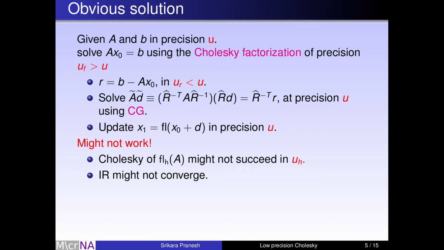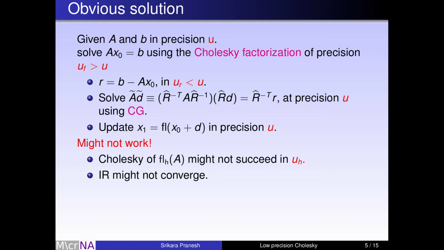Okay, and also converting to a low precision floating point format, you are actually perturbing almost all the eigenvalues of your matrix. So if your eigenvalues are very small, the conversion will bump them onto the negative side, and it will lose its positive definiteness. So that's point number one. So Cholesky itself might not succeed.